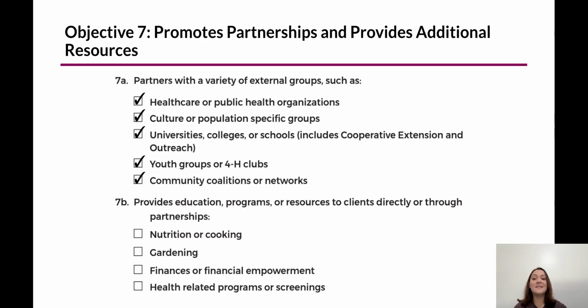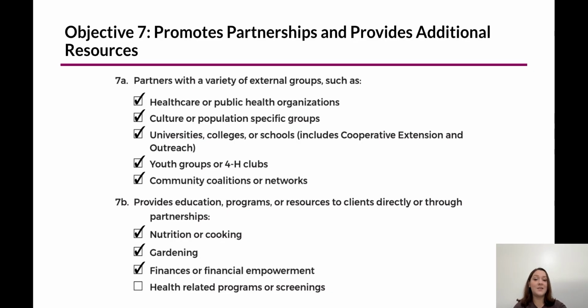Next, we have Section 7B, which focuses on whether the pantry offers education, programs, or resources to neighbors. This can be either directly or indirectly through partnerships. Some common examples include nutrition or cooking demo programs where neighbors learn how to prepare healthy meals with pantry items, or perhaps a gardening program that educates neighbors on how to grow their own fresh produce.